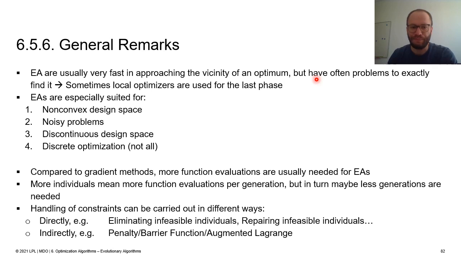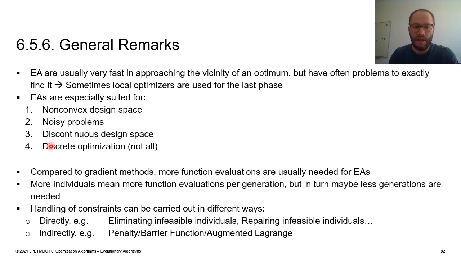This is often done. Evolutionary algorithms in general are suited for non-convex design spaces because of the global convergence characteristic. For noisy problems, you have difficulties with calculating the gradients, for instance. You don't have this problem here.